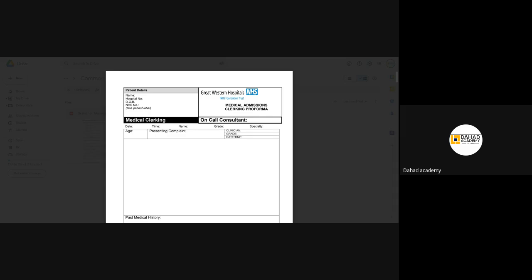And if you didn't document what you did, or what you said, it will be a big issue. All right. What's the patient's age? So the presenting complaint is declined mobility or pain to the left leg, right? And put your name and grade and the date and time.